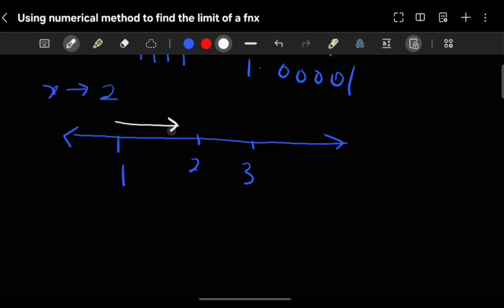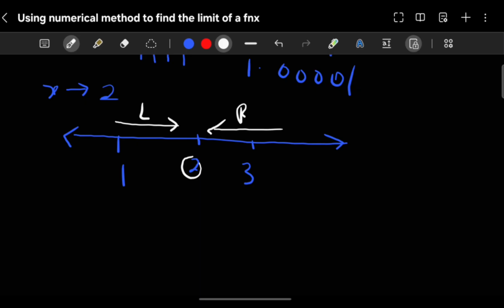This is the left-hand side, and remember I communicated earlier that left-hand side numbers are less than this number and right-hand side numbers are greater than that same number. So if I'm going to pick a number that is closer to 2, almost like 2 but at the left-hand side, there are two things you have to keep in mind.